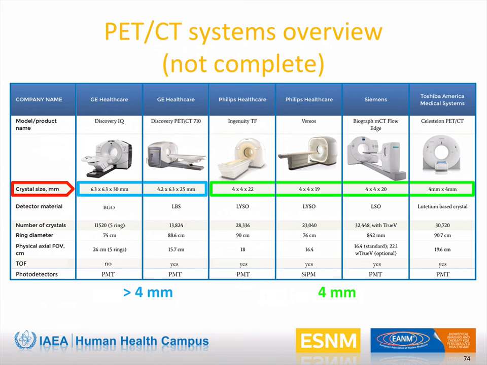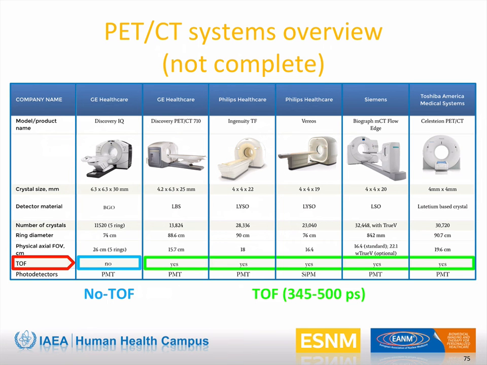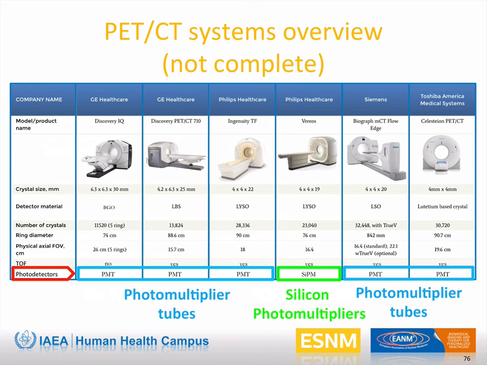The crystal pitch ranges in these systems from 6.3 down to 4 mm. Time-of-flight capability is featured in almost all systems, but the one using BGO. PMTs still represent the preferred choice for the photodetector, but silicon photomultipliers have been recently introduced in clinical systems.